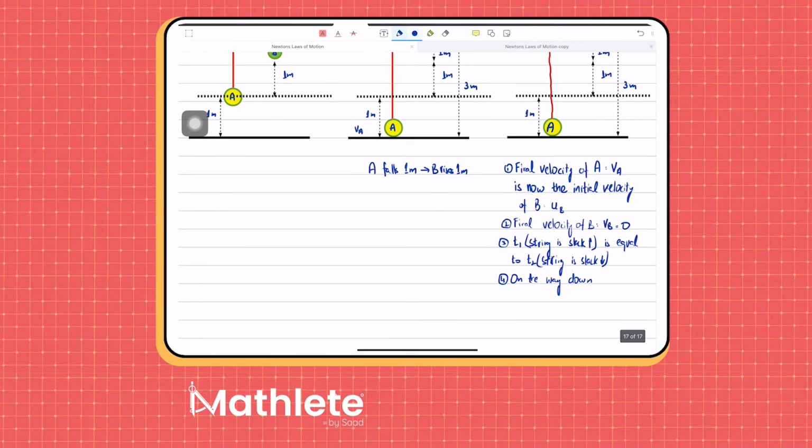The final velocity of B is equal to the initial velocity of B, just like something we learned in kinematics. If you throw an object up in the air, on the way down, when it reaches the same point from where it was projected, the velocity is equal to the velocity at which it was thrown.